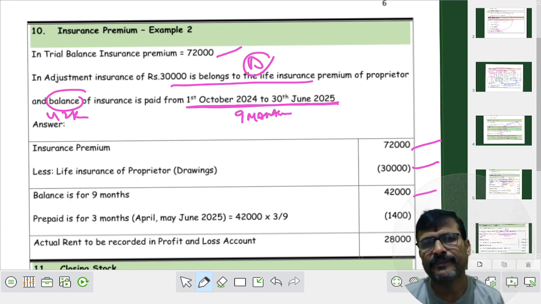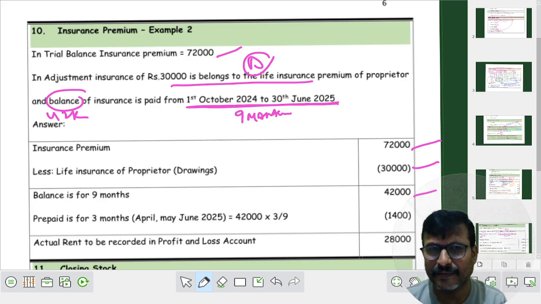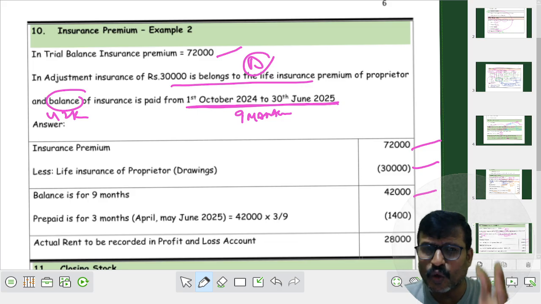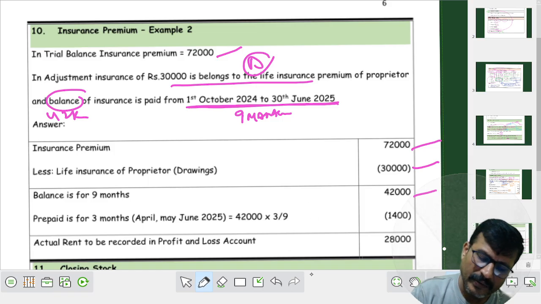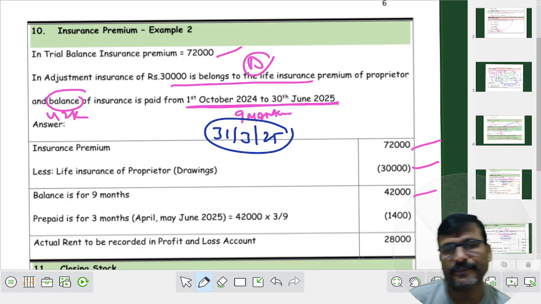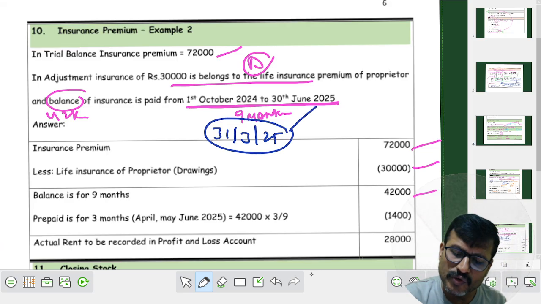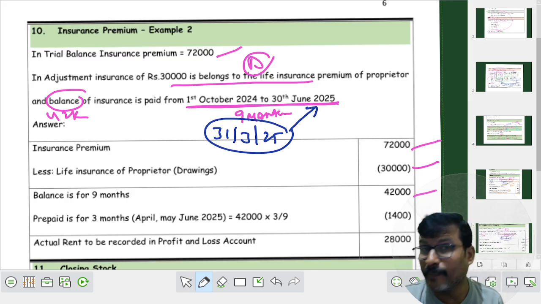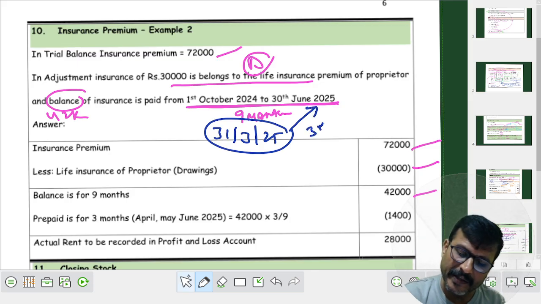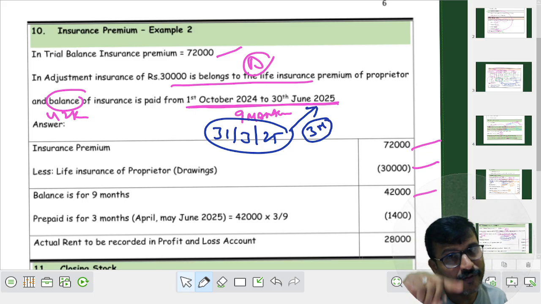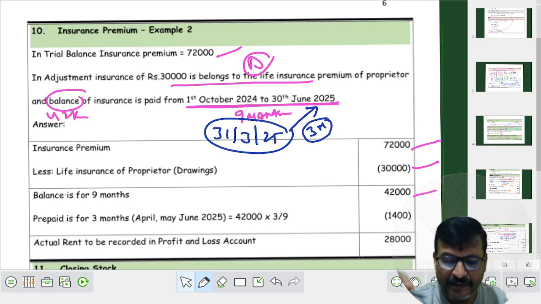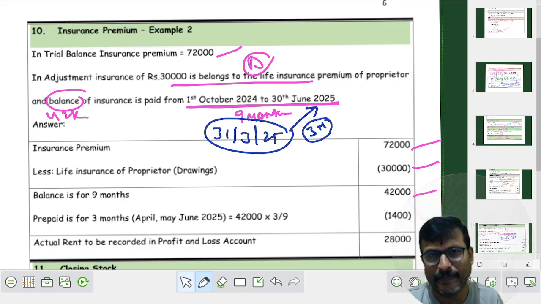We are closing our accounts on 31st March 25. But you paid up to June 25. Means the prepaid is for 3 months. There, 3 months prepaid out of 15 months. Here, 3 months prepaid out of 9 months.